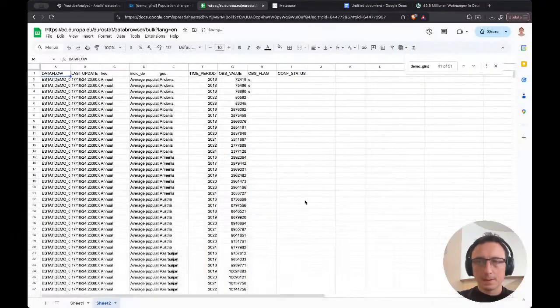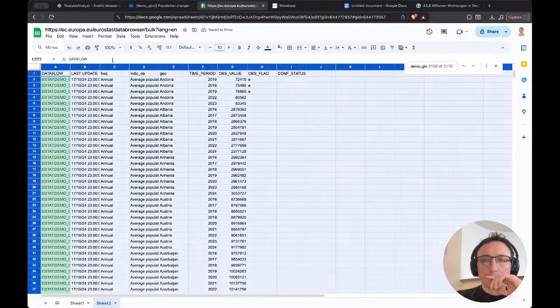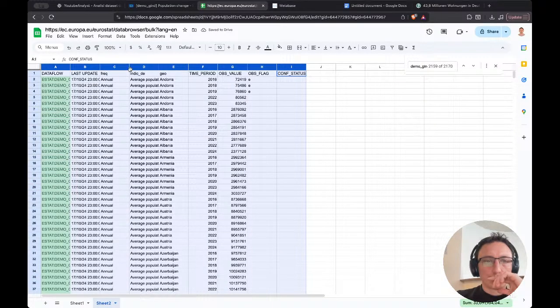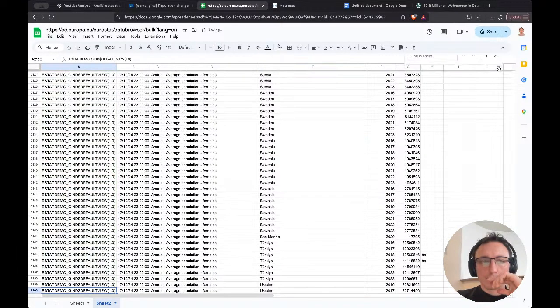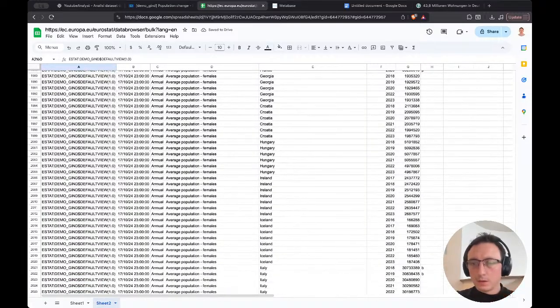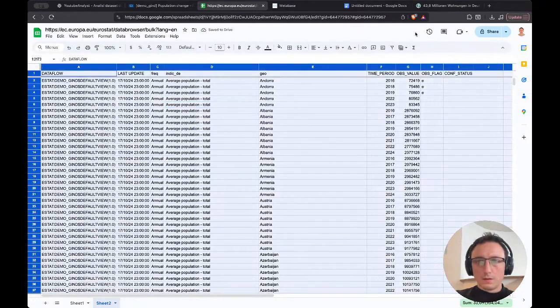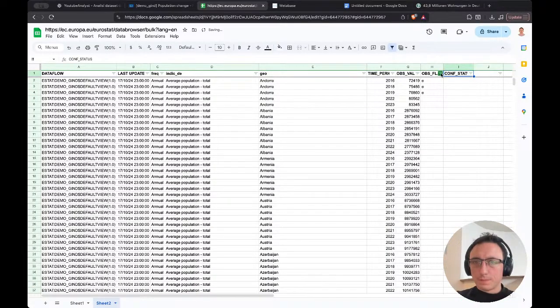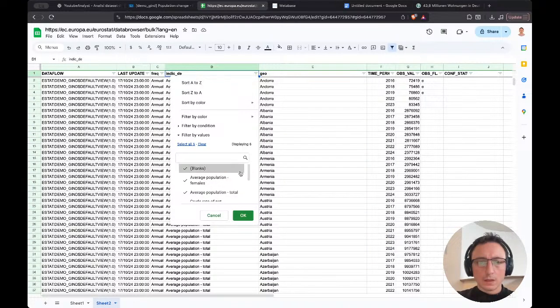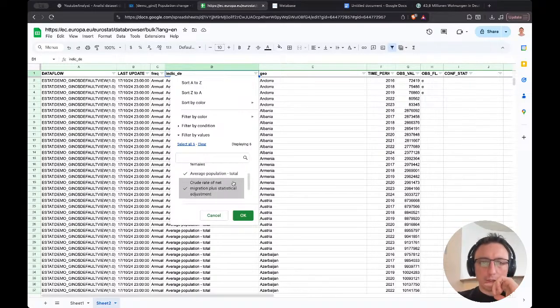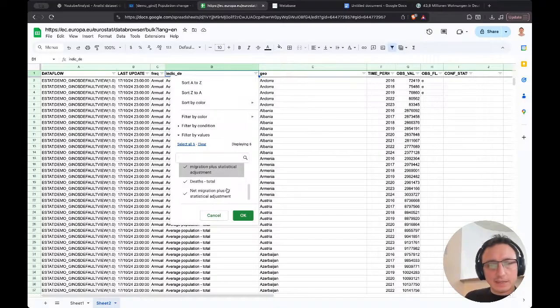253K. Okay, this is the dataset. Observation value, time period, country, average population female, average population total, crude rate of net migration plus statistical adjustment.